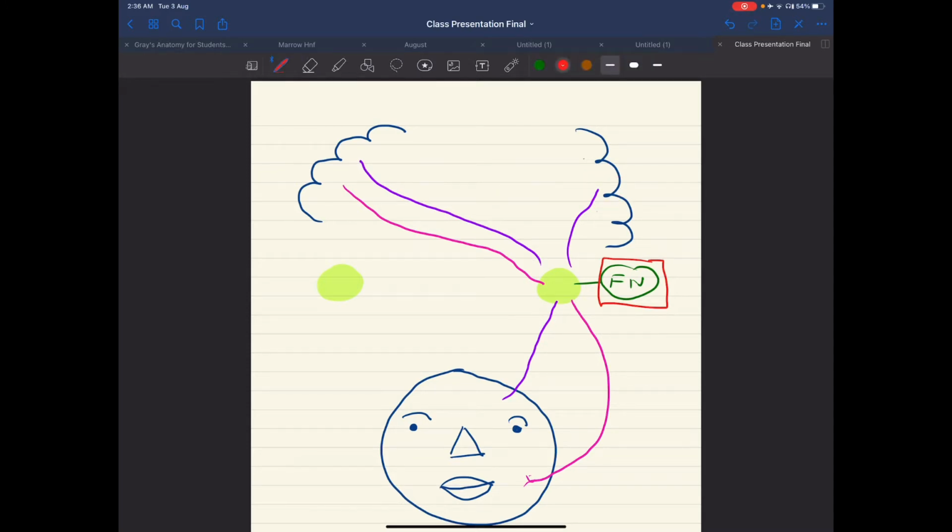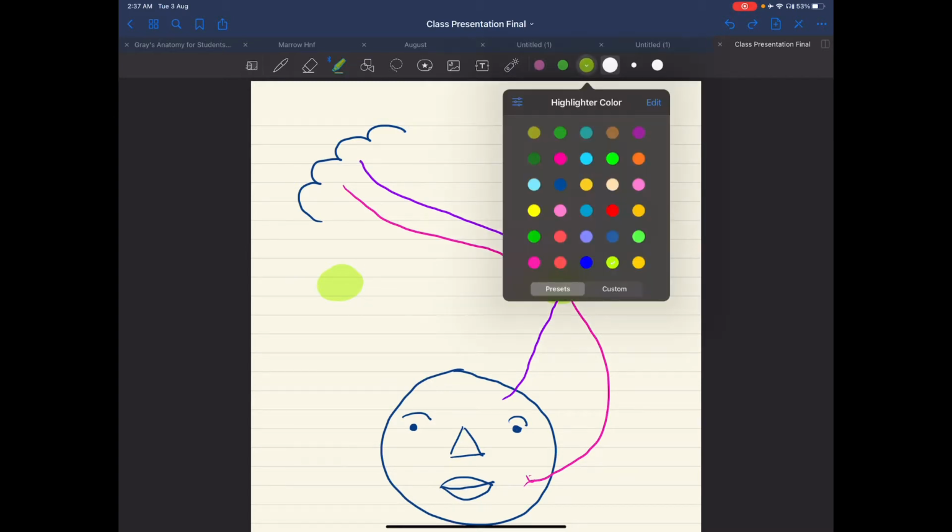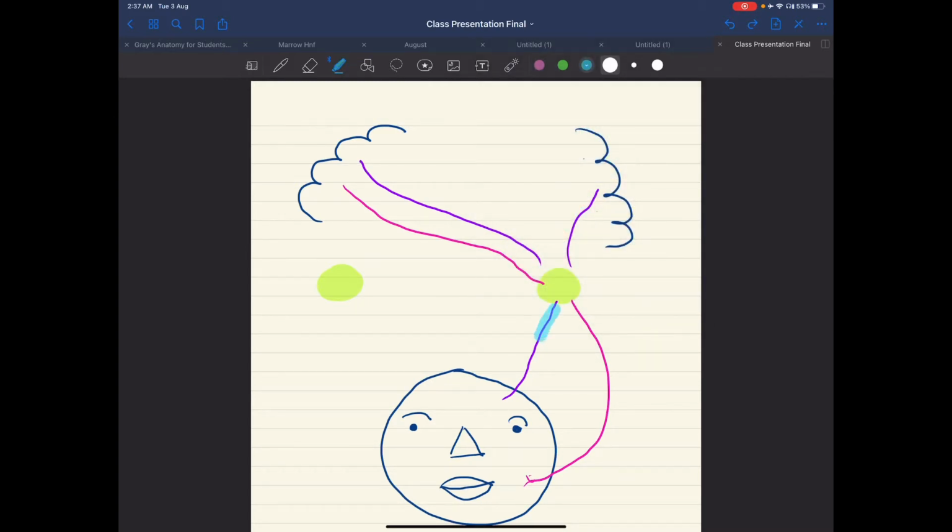Okay. Now I've used colored pencils, to make it look a little bit neater and easier for you to understand. The purple fiber, this fiber, this fiber, and this fiber: what is this lower motor neuron supplying? It is supplying the upper part of the face. What is the upper part of the face?